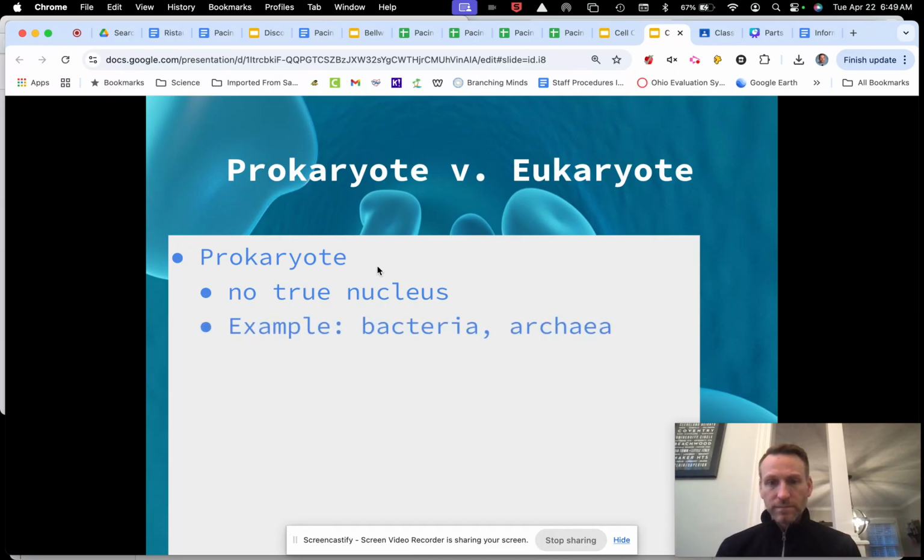Well, these organisms are simple. They're usually microscopic, sometimes only one cell. Unicellular is how we call that. And so not having a true nucleus isn't really a detriment to them because they're simple.